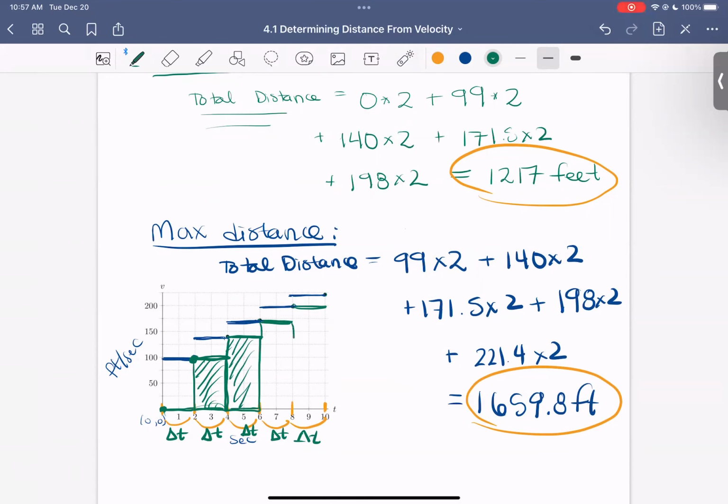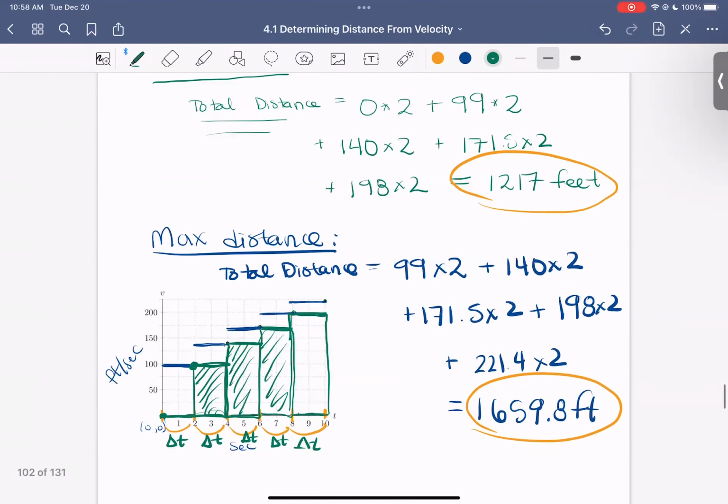And similar for each of the next terms, gives the area of the rectangles in my graph formed by the width of my horizontal interval and the height of this bar. So looking at the max distance, what we're doing here is calculating the areas of the larger rectangles. So we can even see graphically that this blue distance should be more than the green distance because the blue rectangles take up more area.